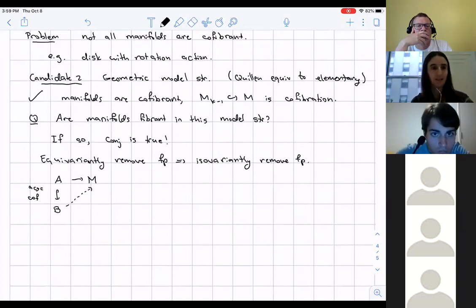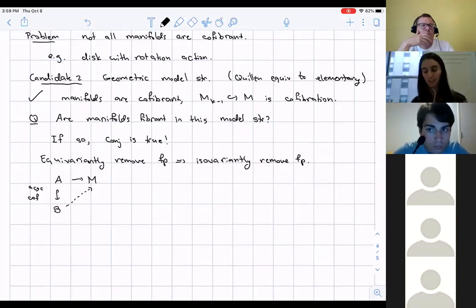Yeah, so maybe in the last minute or less, I'll say, maybe some other things that we're thinking of as things that would interest us to know in the future. What happens when you're talking about things that aren't manifolds? So this conjecture can only be true for manifolds.